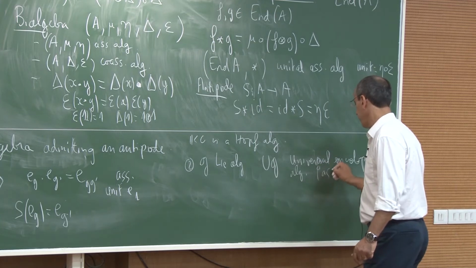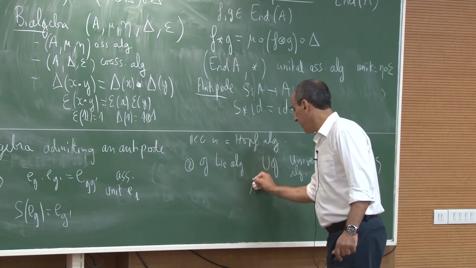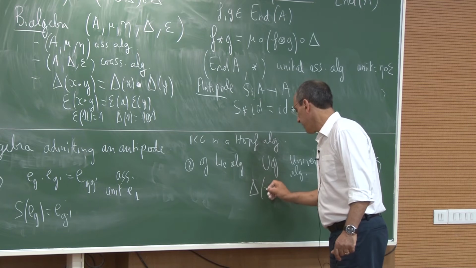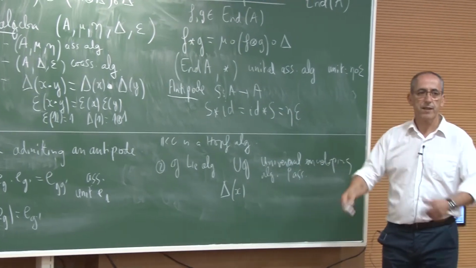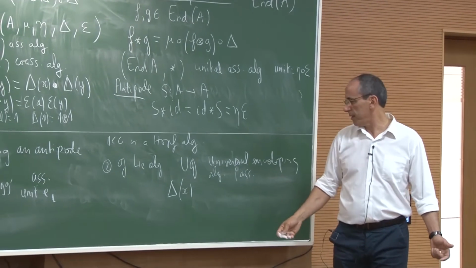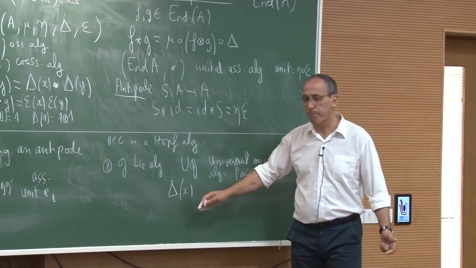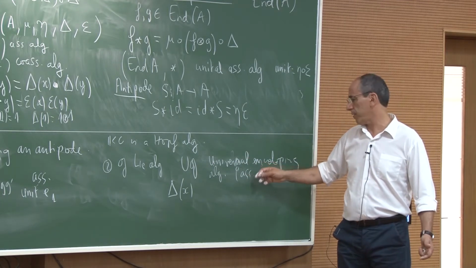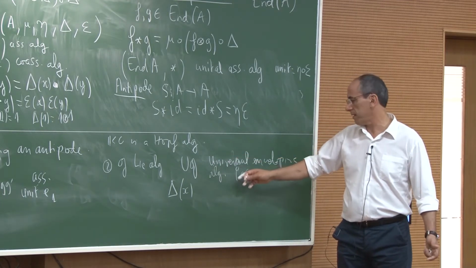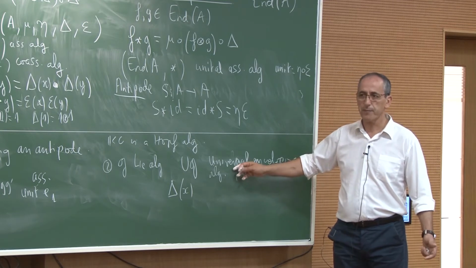Which is associative, and then you assume delta of x for x. And here, of course, for the universal enveloping algebra we have a very important theorem saying that the basis of this algebra is given by monomials.